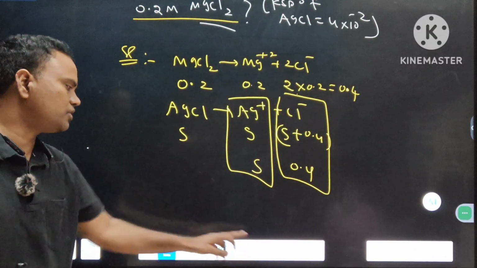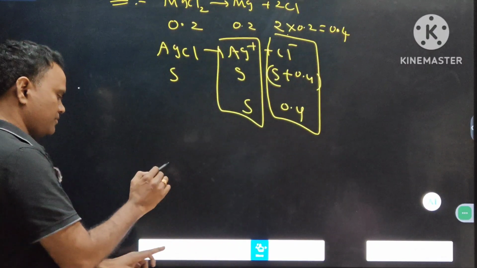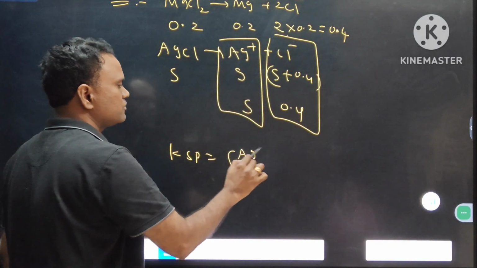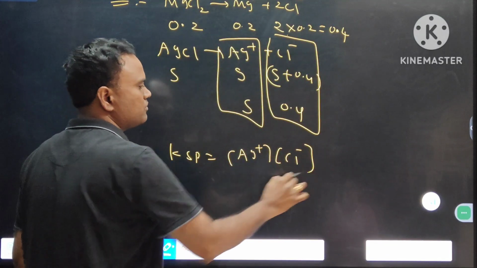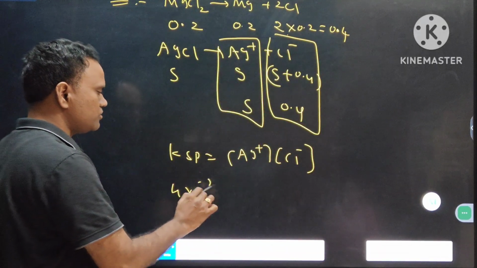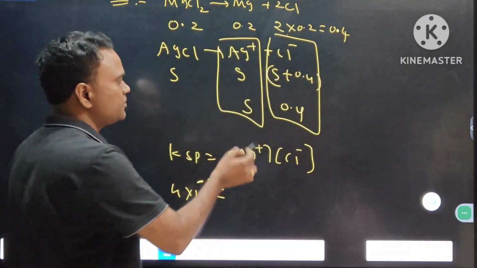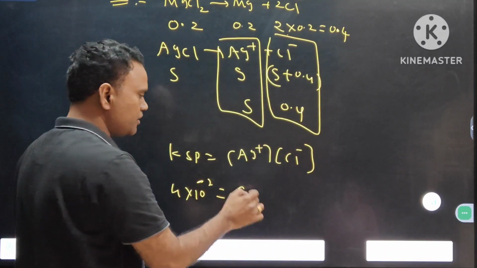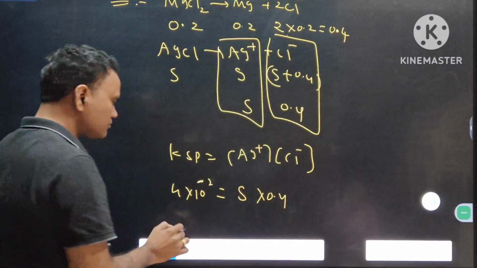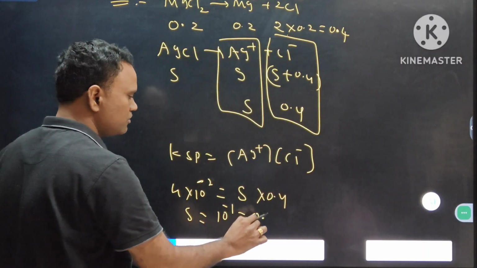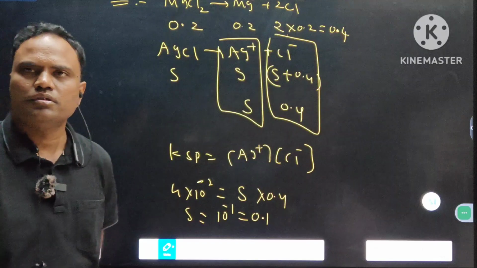Now KSP value is equal to Ag plus times Cl negative. KSP, how much is given to us? 4 into 10 to the power of minus 2 is given to us. Ag plus is S, Cl minus is 0.4. And how much will we get? 10 power minus 1, that is equal to 0.1. Right.